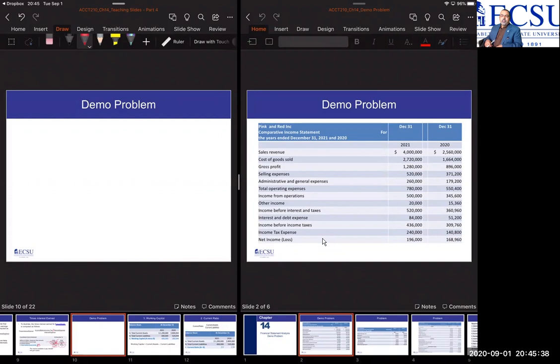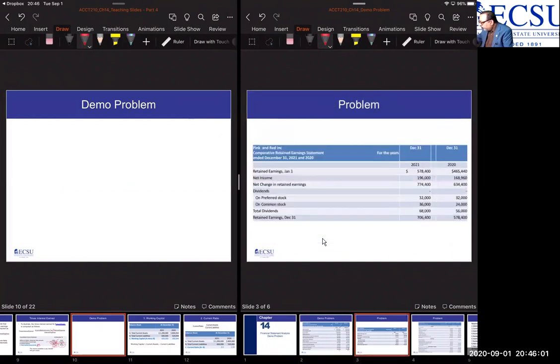In the demonstration problem, as you can see, we are given figures for 2021 and 2020. This is the income statement: sales revenue, cost of goods sold, and then finally we have a net income of 196. The next thing we are given is the statement of retained earnings.